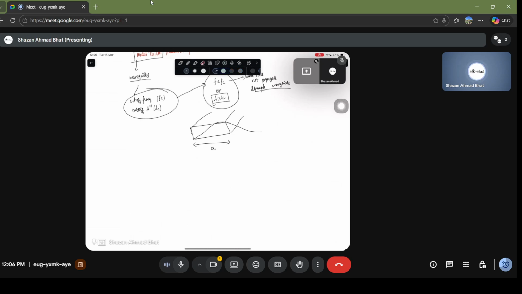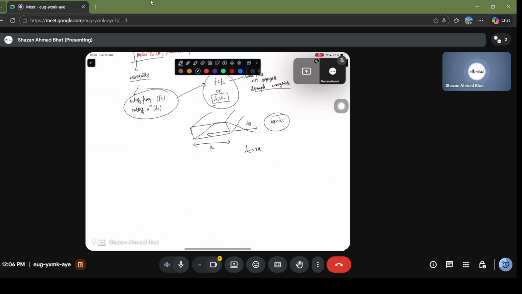Let's say we call this width a, and we call the wavelength inside it lambda g. If lambda g becomes greater than the critical wavelength, then your wave is no longer supported by the waveguide. How do you find the critical wavelength?